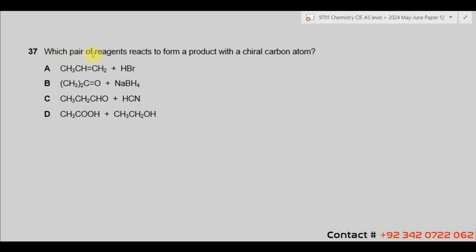Question 37. Which pair of reagents reacts to form a product with a chiral carbon atom? Alright, so we have different reactants. Let's do the first one. The first one is an alkene, CH3CH=CH2 plus HBr. Now hydrogen will attach itself to the carbon having more hydrogens and bromine to the other carbon.